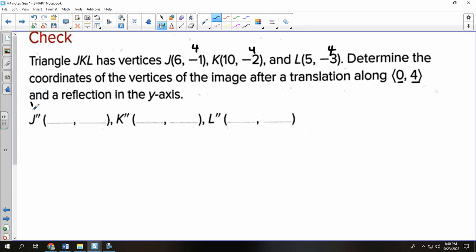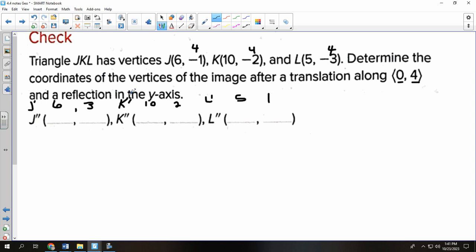So our J prime is going to be (6, 3), K prime is going to be (10, 2), L prime is going to be (5, 1).